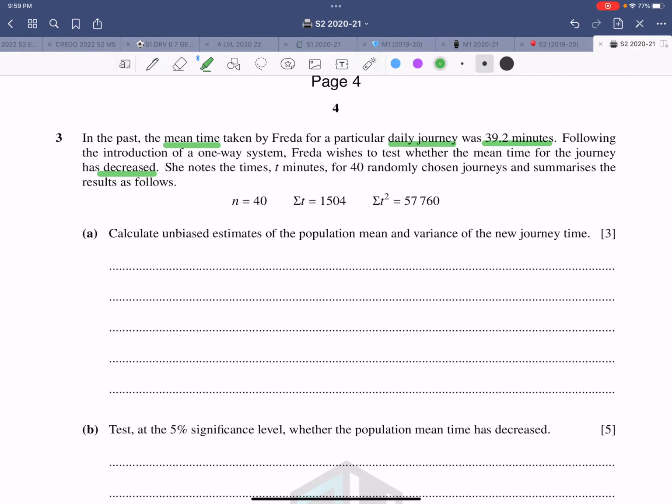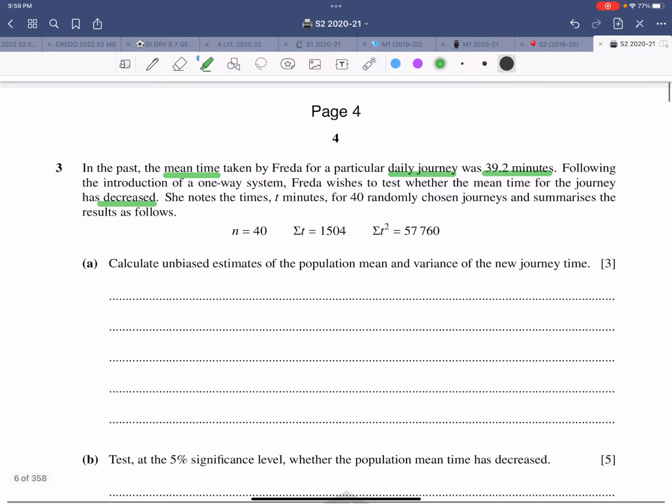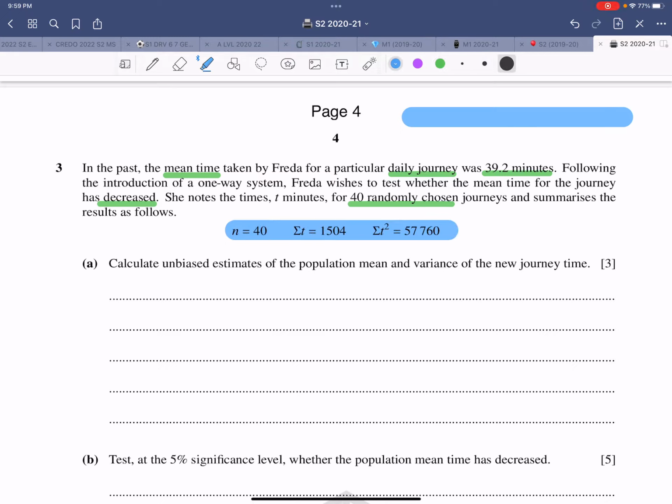So it feels like it's a question of something like a hypothesis test, with some unknown mean and standard deviation, unbiased estimate. She notes the time for 40 randomly chosen journeys and summarizes the results as follows. First of all, what is it asking?